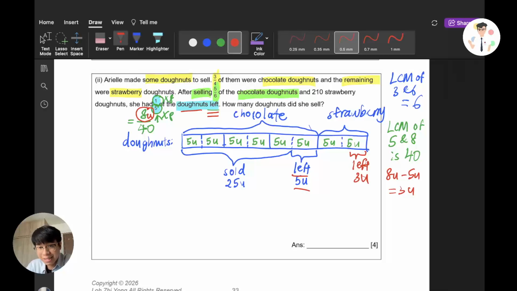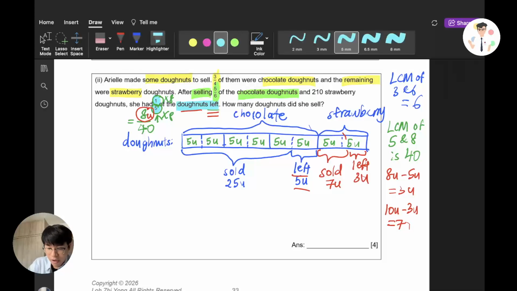And as you can see here, if I have 10 units here, strawberry, and I have 3 units left, means I actually sold how many? I actually sold 7 units, because 10 units minus 3 units is 7 units. And now, something very, very important.